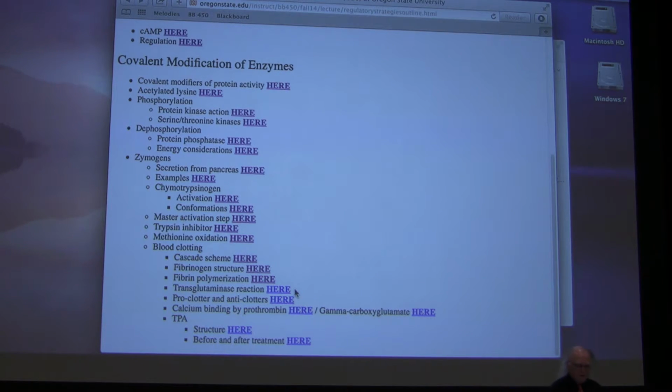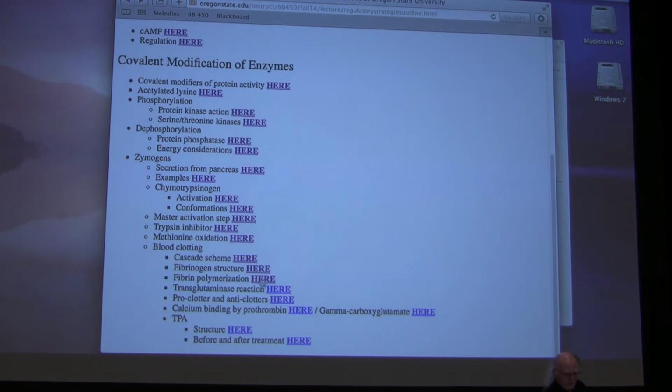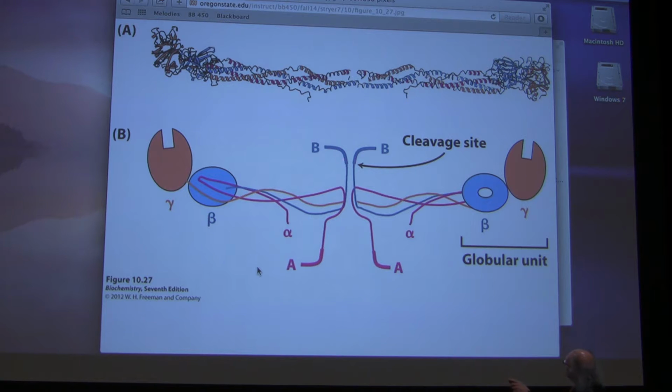Last time I didn't get a good chance to finish what I was talking about, so I want to come back to that and then move forward. I talked briefly about how fibrin can polymerize. When you take fibrinogen and clip off the A's and the B's, those little short segments, the little stems that are left insert themselves into the little pockets I showed on the gamma subunit and also on the beta subunit.